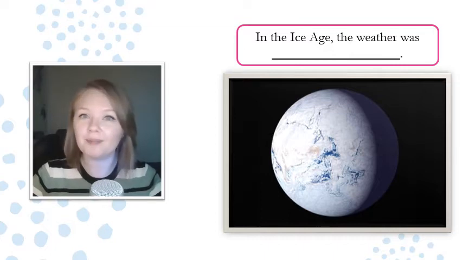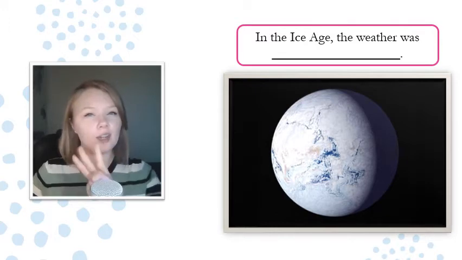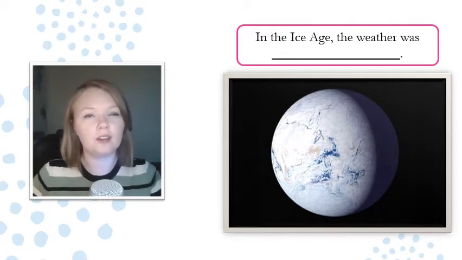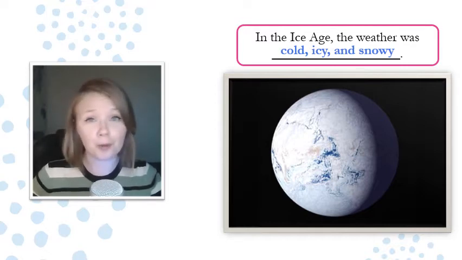We could say, in the Ice Age, the weather was... Let's try to use 3 words. What 3 words do you think could describe weather in the Ice Age? How about cold, icy, and snowy? I don't know about you, but I would not want to live in this time.